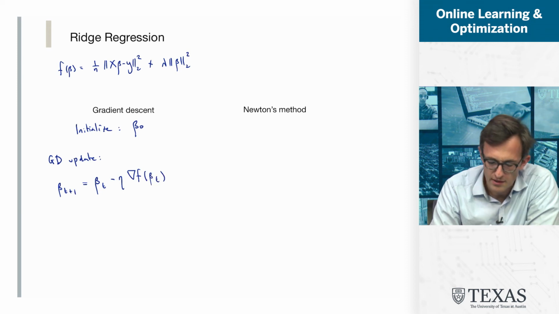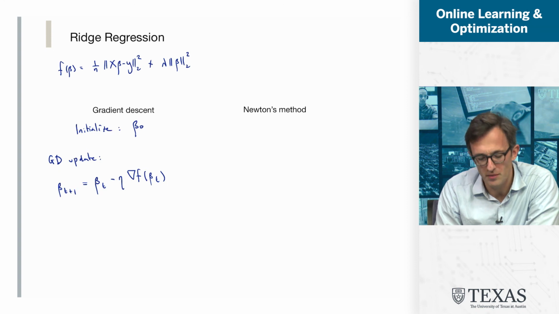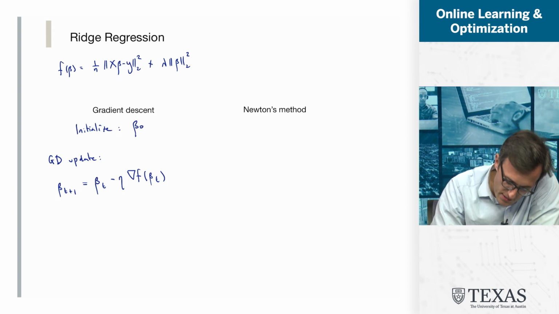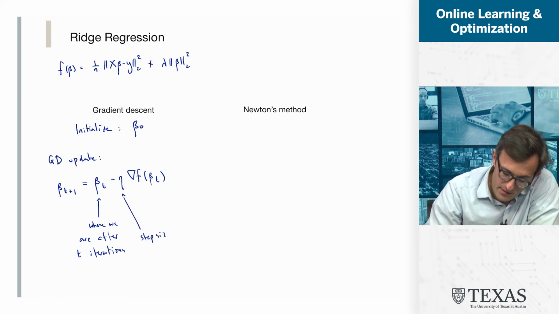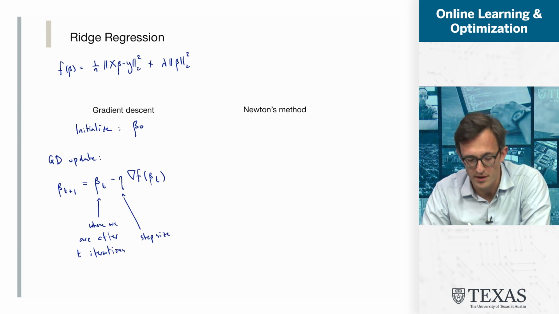But for now, rather than telling you where this comes from, let me briefly tell you what this means. So this is where we are now, where we are after t iterations. Eta is my step size. Sometimes in machine learning applications of optimization, it's also called the learning rate.